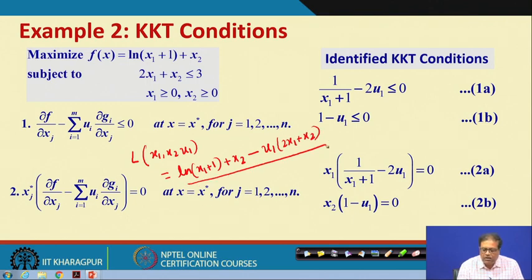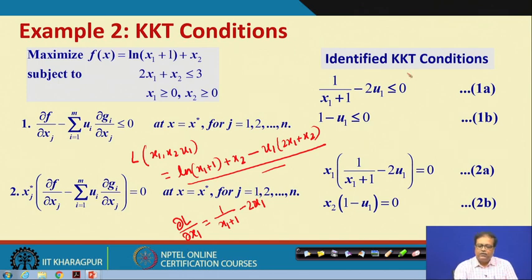So, this is the combined function. If you differentiate with respect to x1, that is del L del x1 equal to 1 by (x1 plus 1) minus 2 u1, the partial differentiation, this term will give nothing and this term will give 2 u1.